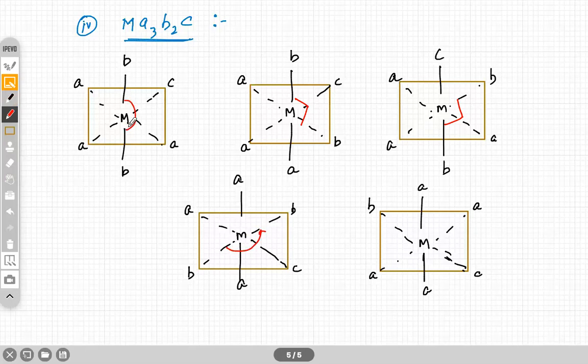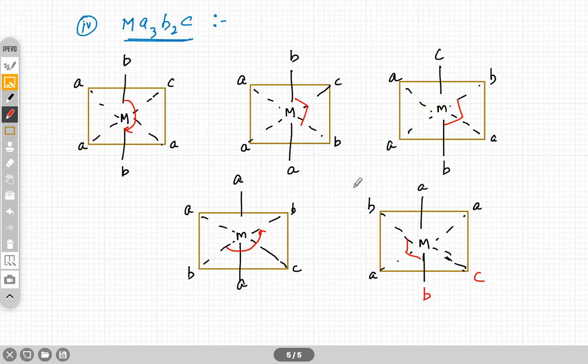Here B at 180 degree. And here the 2B atom, where I have written 4A, what I have done, this is C, this is D, for example. Okay, so here the 2B atoms are at 90 degree again.